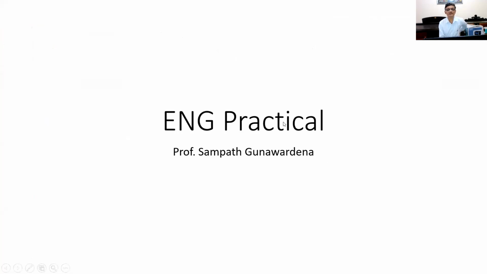Right, so this practical is on ENG or electroneurogram, where we record action potentials after stimulating a nerve. So that is why we call it ENG. Sometimes it goes as EMG, electromyogram. Same machine is used.